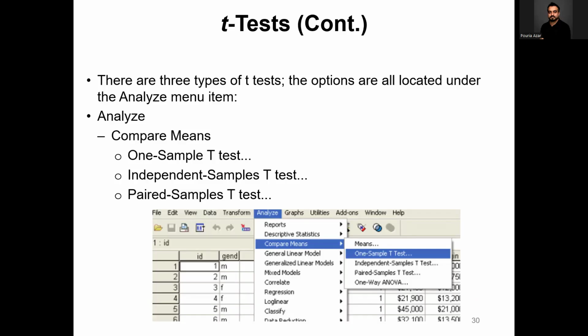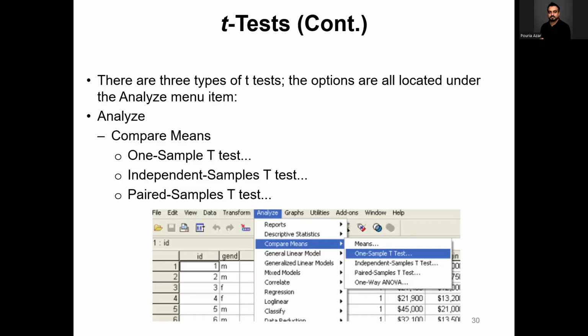That's why it's called one sample t-test. So I have one sample and I want to compare the mean of the dependent variable in my sample to the mean of that dependent variable in the population.